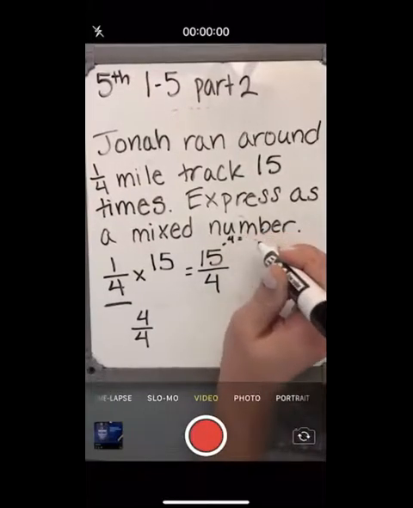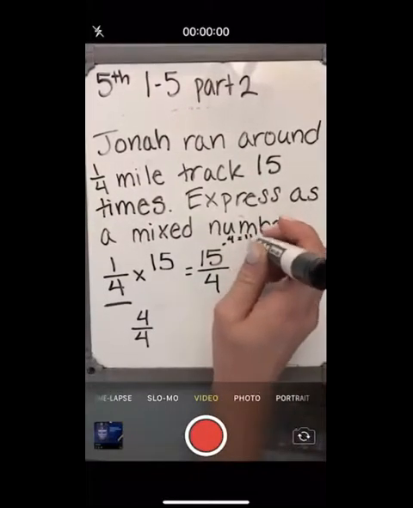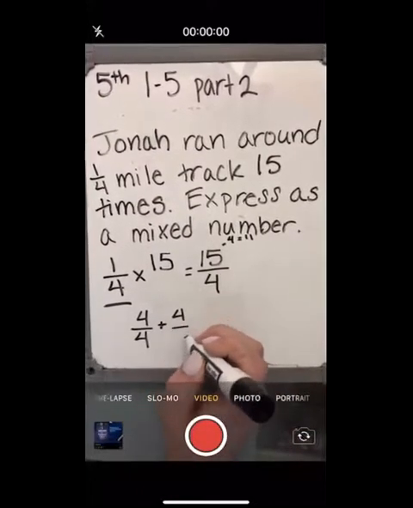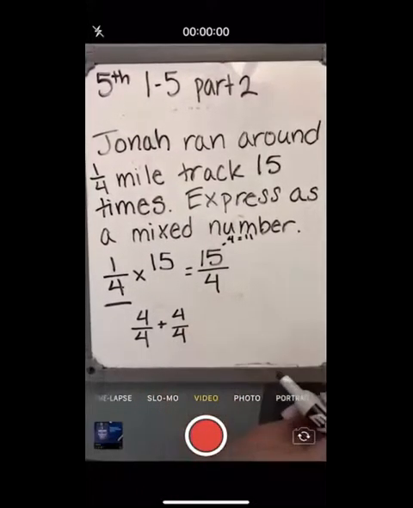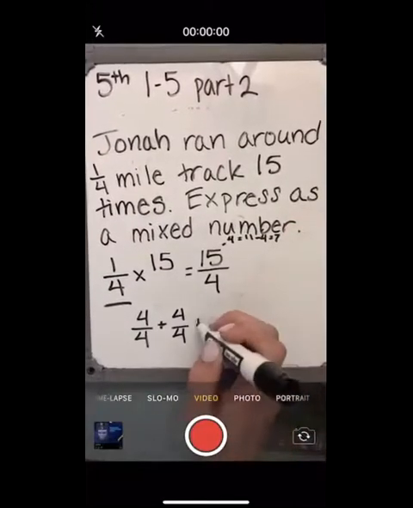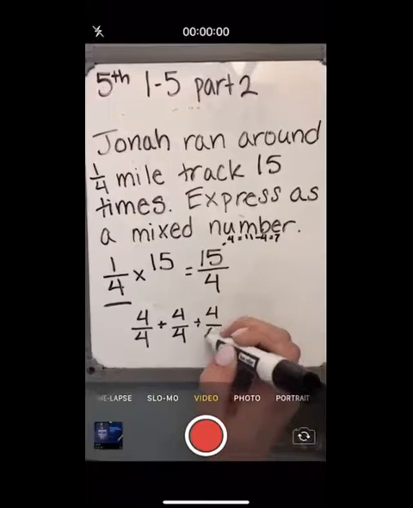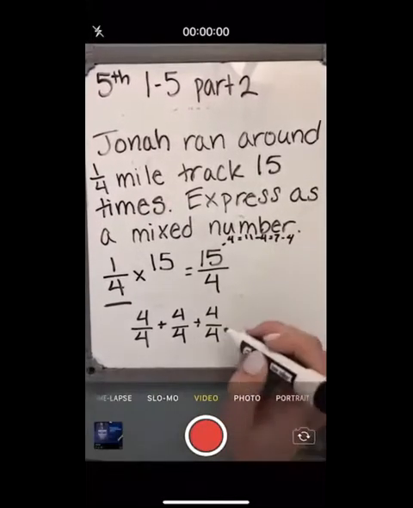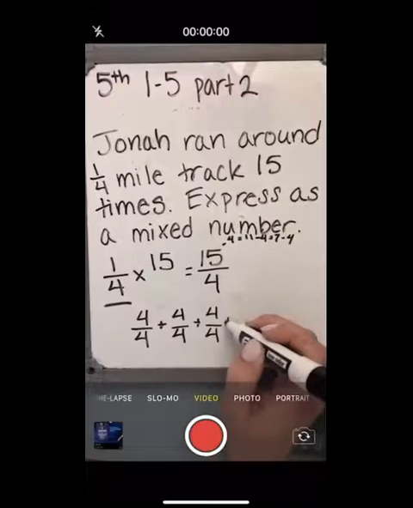So 15 minus 4, I have 11 left. So I can definitely take out another whole. Wow, so he's run 2 miles so far. Okay, I have 7 left. I could definitely take out another whole. I'm going to take another 4 up here. Oh, wow.